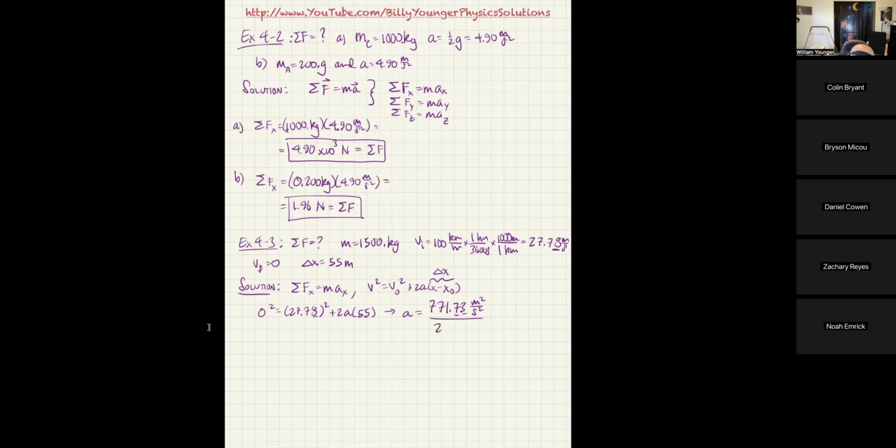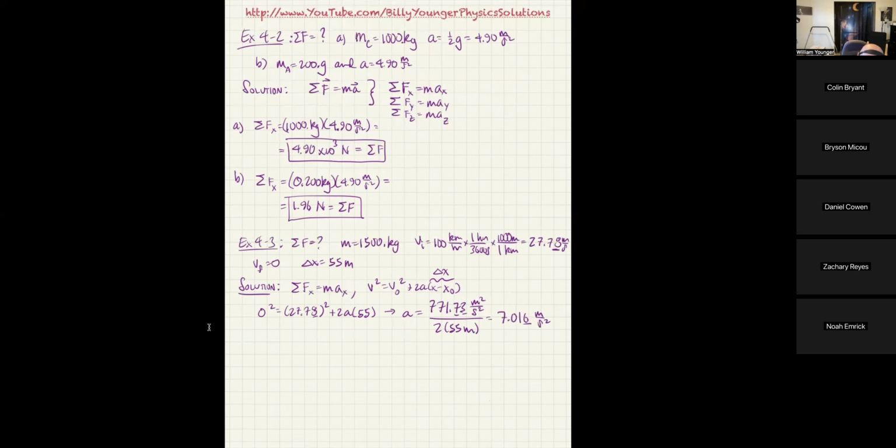And then that's divided by 2 times 55 meters. So divided by parentheses 2 times 55 close parenthesis, that gives me 7.016 meters per second squared is the acceleration.